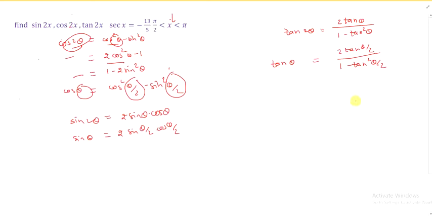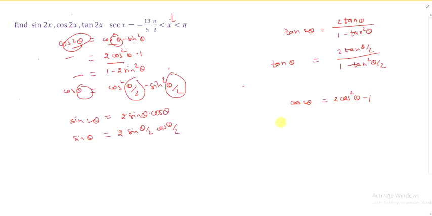So these are the results for submultiple angles, and which may be proved further, but I want to tell here, because without this one we cannot solve the example which we want to solve. And here cos 2 theta has the result 2 cos square theta minus 1.